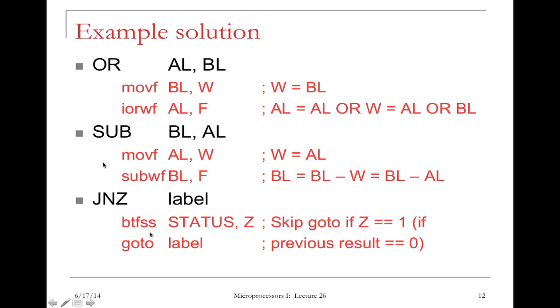So we will not skip the next instruction, right? If that condition is not true, we will not skip. We will skip if the condition is true. So that's how we get to the go to label.